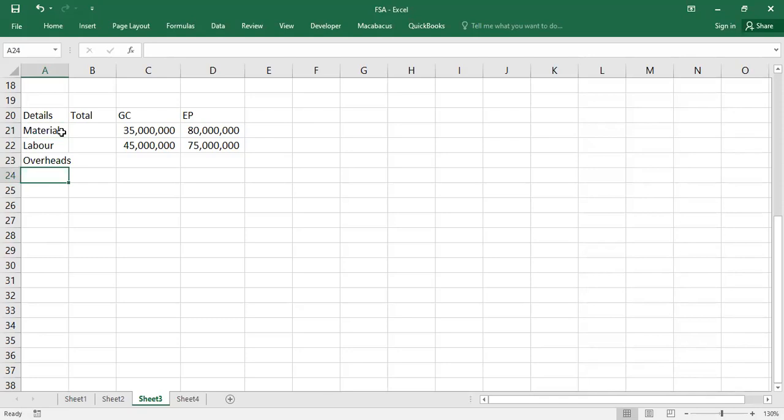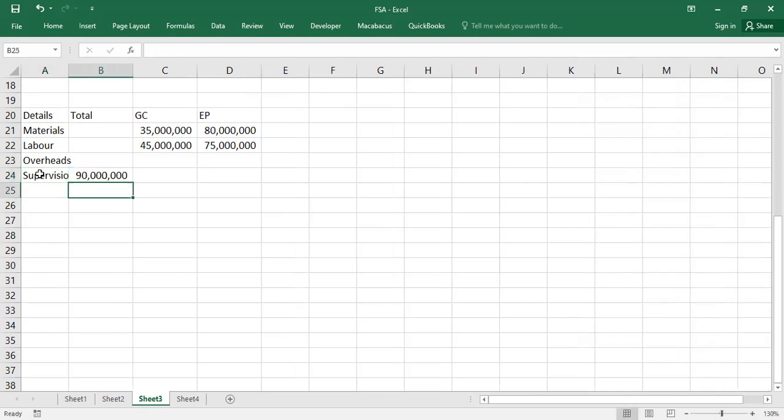In this question, we're given supervision as one overhead, and the total was given as 90 million annually. Then the other overhead was planning, given as 70 million in the entire year. The other was property control.